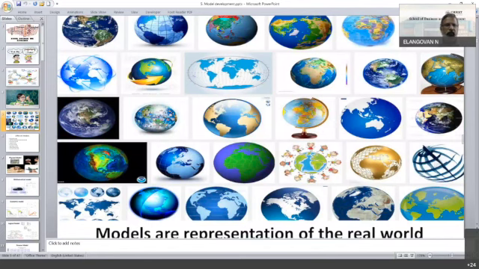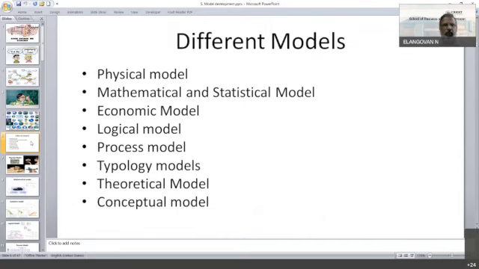What does a model do? It gives a representation of the real world. What are those different types of models? We have physical models, mathematical and statistical models, economic models, logical models, process models, typology and topographical models.